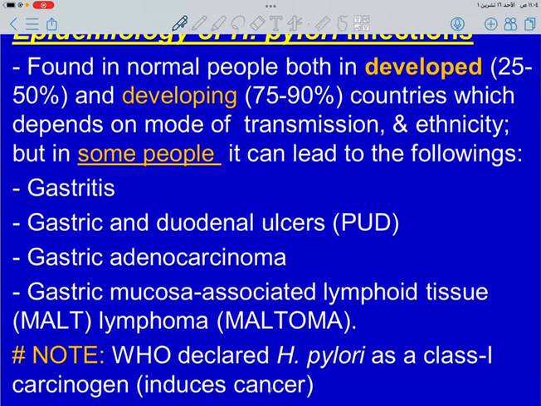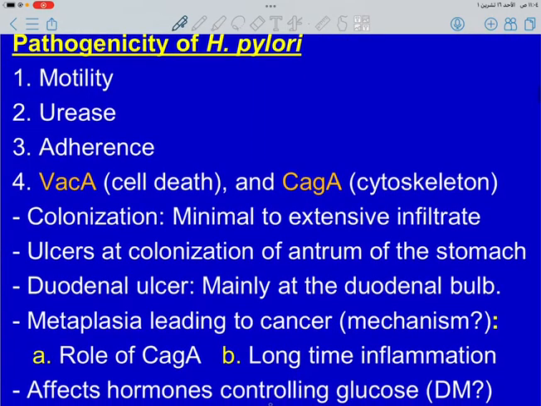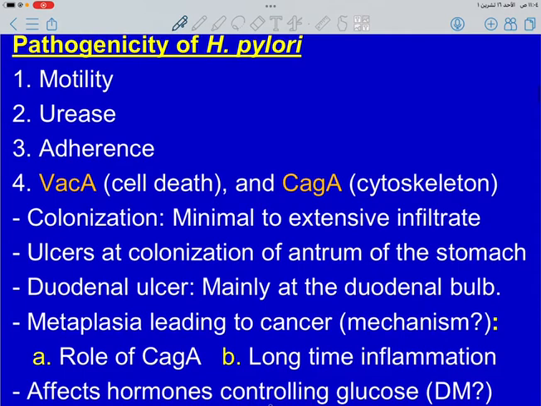As for the pathogenesis of the microorganism, first of all, motility. Motility can move the microorganism around the stomach, and we will see the details in a moment. Secondly, urease positive, and we have seen the effect of the urease.